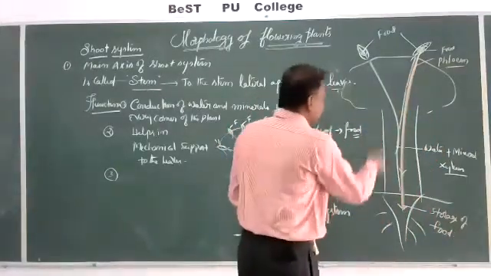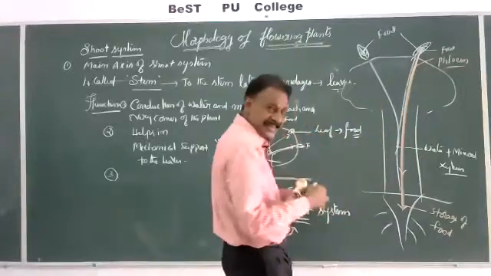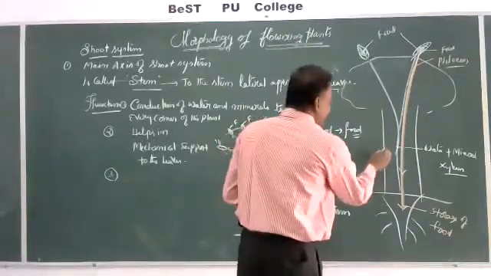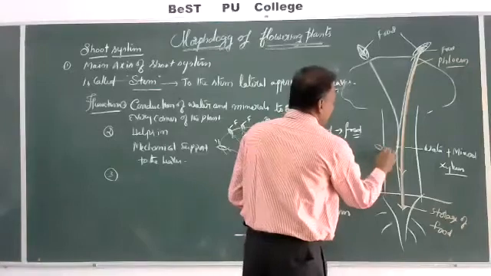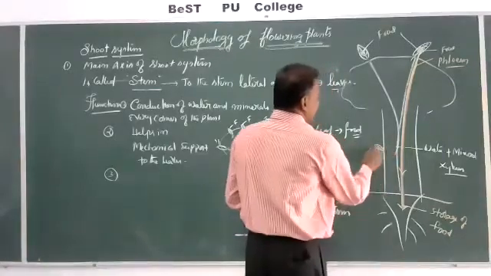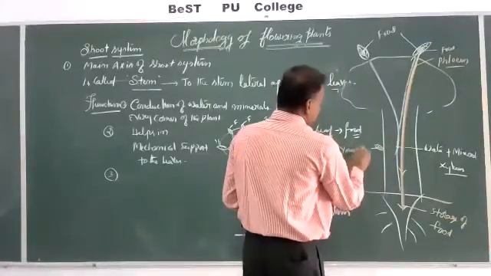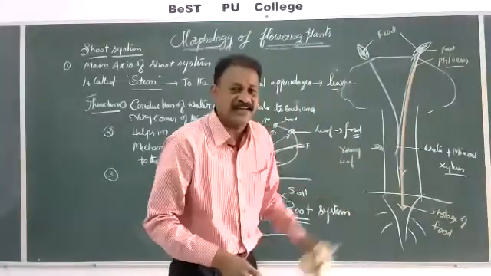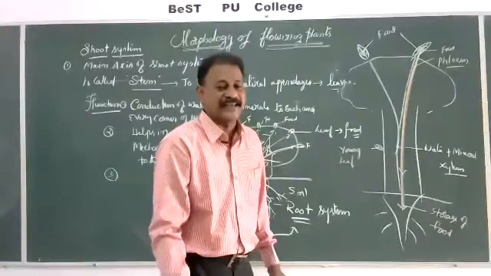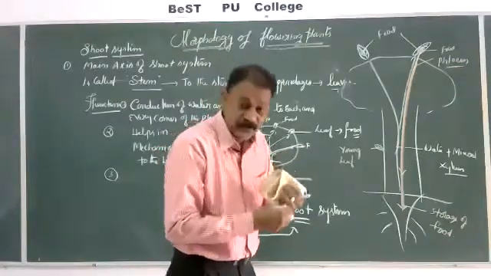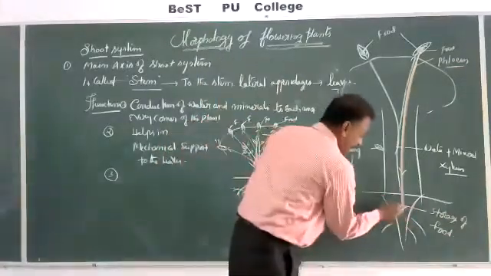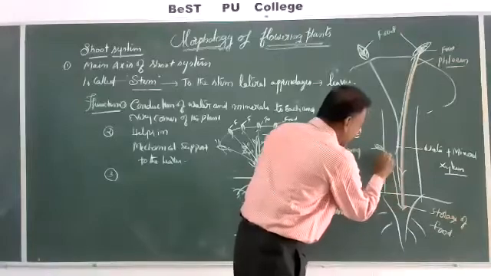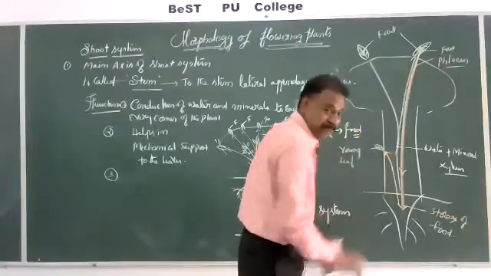Again, whenever this plant is producing another leaf, for example a small young leaf here, for the formation of the young leaf it needs food material, it needs energy. So the stored food again will be supplied through the phloem.